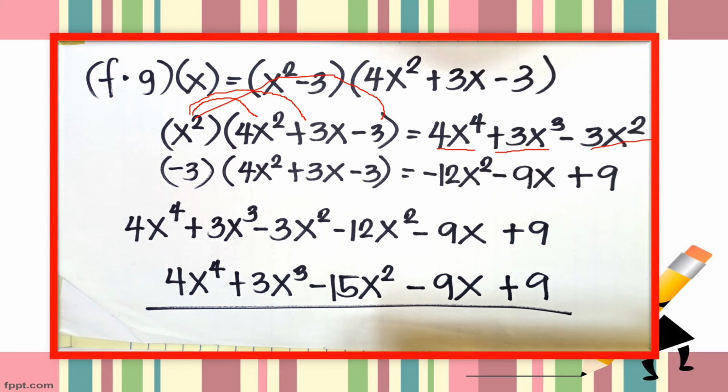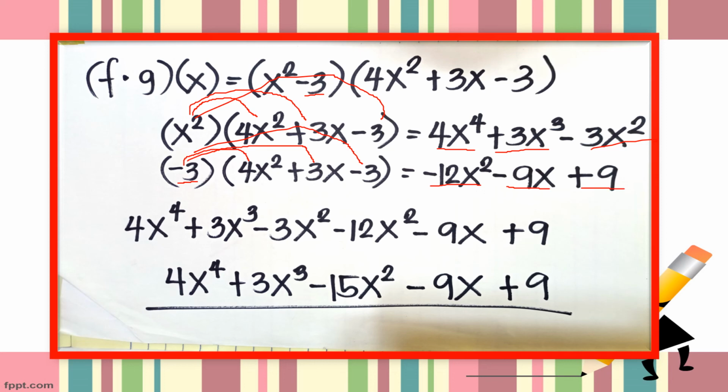Okay, and then, let's consider the second term here, negative 3. Ayan. So, don't forget the sign on the left side of the number. Kasama niya yun lagi. Okay. That distribute also. So, negative 3 times 4x squared, negative 12x squared, negative 3 times positive 3x, negative 9x, and then, negative 3 times negative 3, of course, that is positive 9.